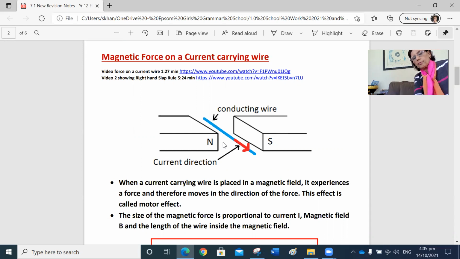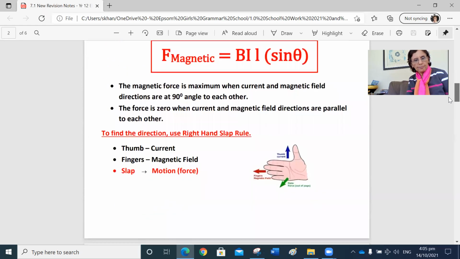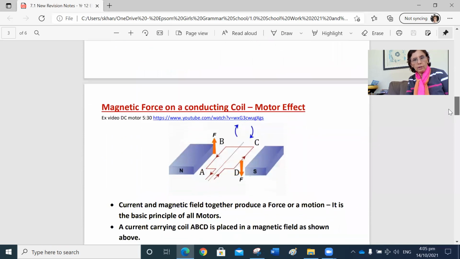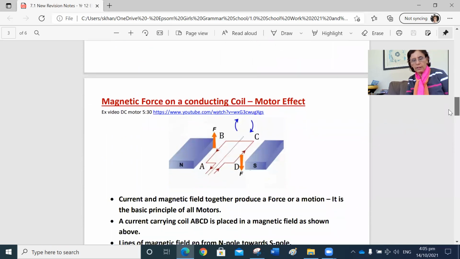If you do that, then the slap is coming towards you, or in other words, this wire will be experiencing a force in an upward direction. If the direction of this current is reversed, then the direction of the force will be reversed. So that's the basic principle for the force on a current carrying wire.